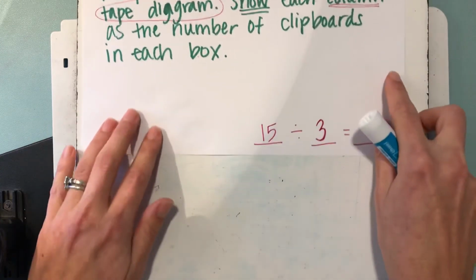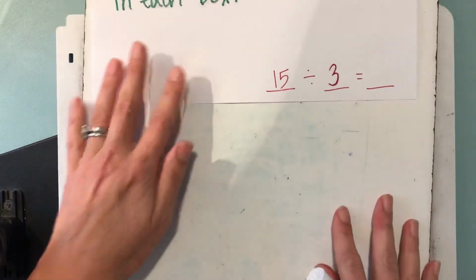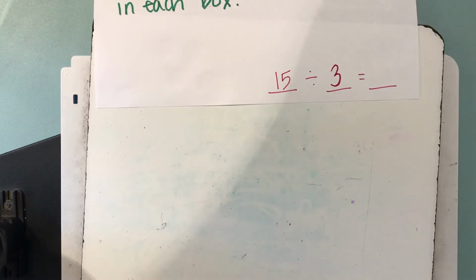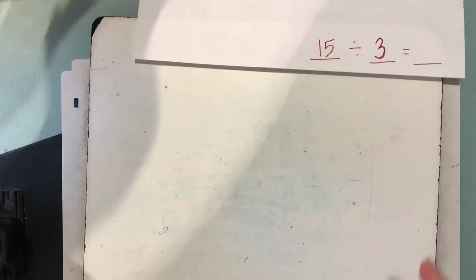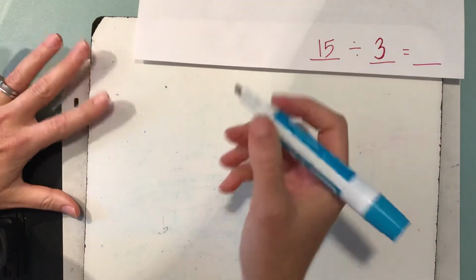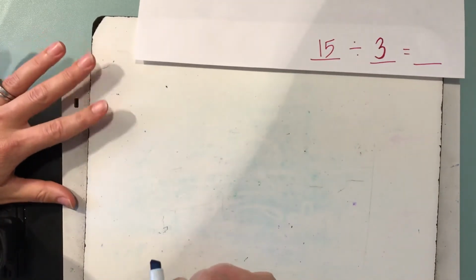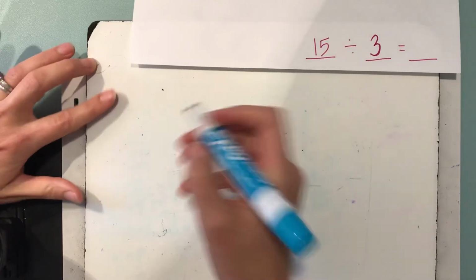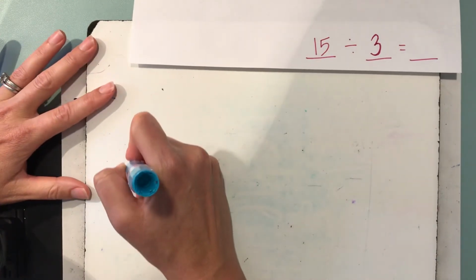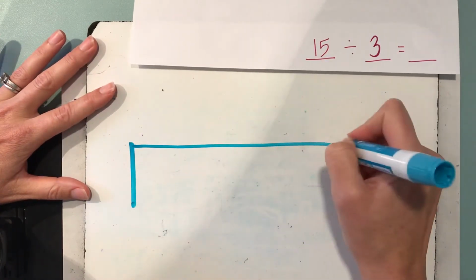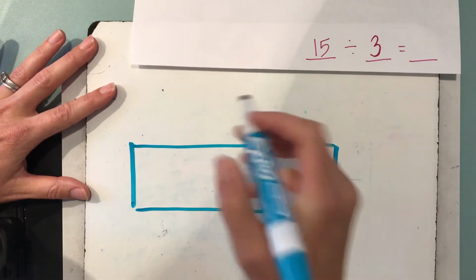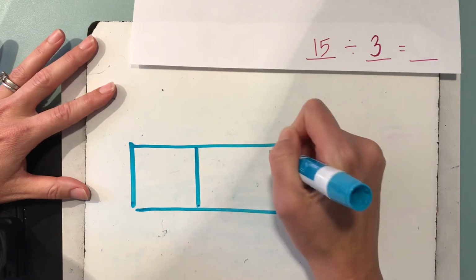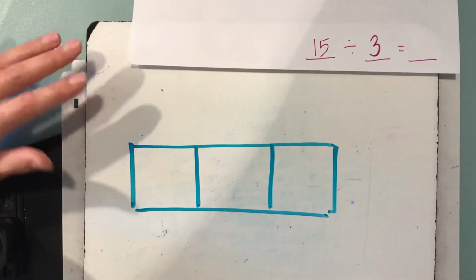I think I might do it on my whiteboard this time, so I have more room. Okay, so we know that she had 15 clipboards in 3 boxes. So what I'm gonna do is, I think I might do a tape diagram first, because I feel like I already know the number of groups, so I can go ahead and draw those boxes.